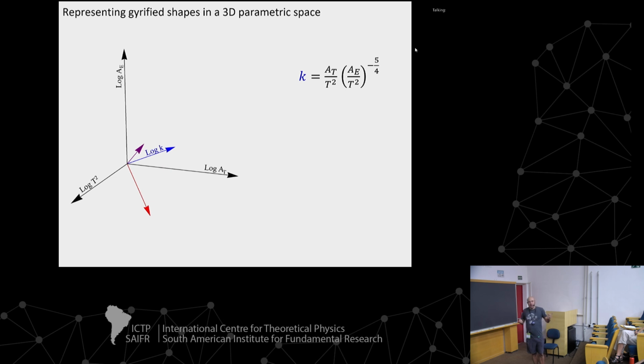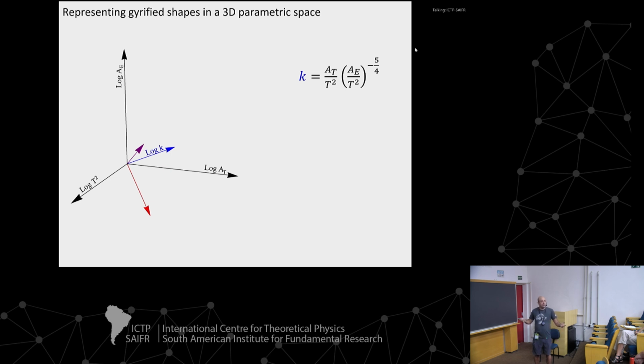The second thing you need to know about K is that it's dimensionless. What does being dimensionless mean? Well, look at how it's expressed in terms of areas, always ratios between areas. I forgot to say, but instead of using thickness, I'm using thickness squared so that all the variables have the same dimensionality. What does it mean? Well, imagine you have an area of 15, a thickness of 2.